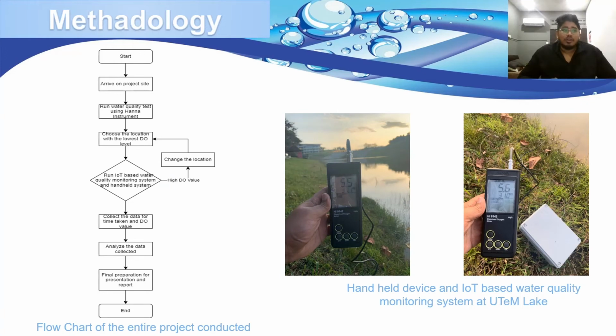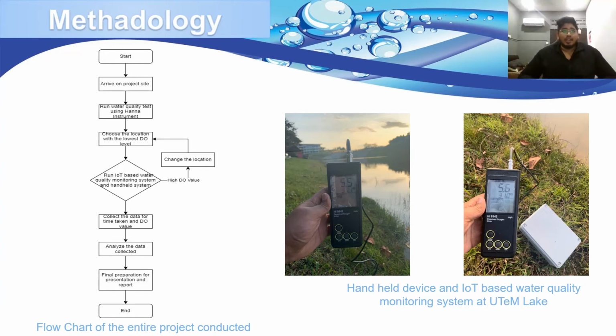And now I have the flowchart for the entire project that I conducted, where I have to go to the site and take readings using two instruments, which are my instrument, my water quality monitoring system, and also the handheld device that is sold in the market. So at start, I arrive at the project site, which in this case is Lake UTeM.